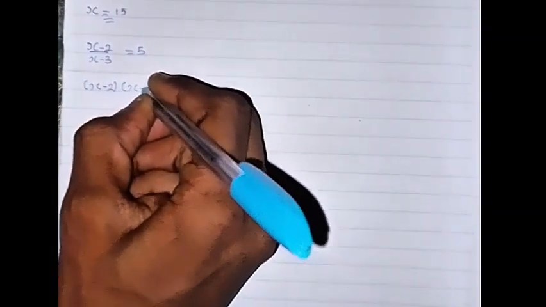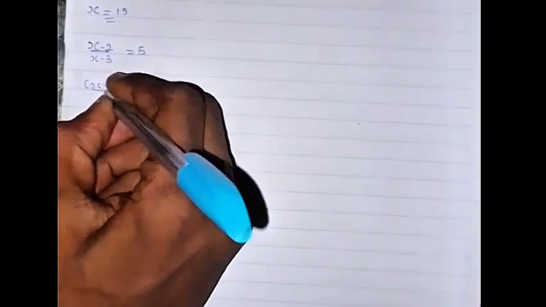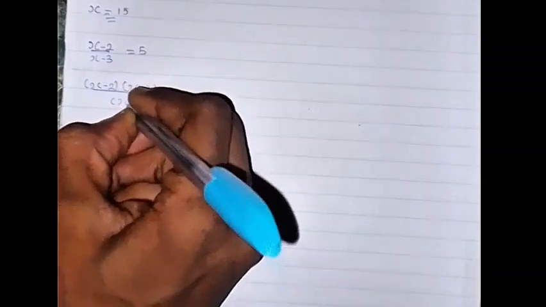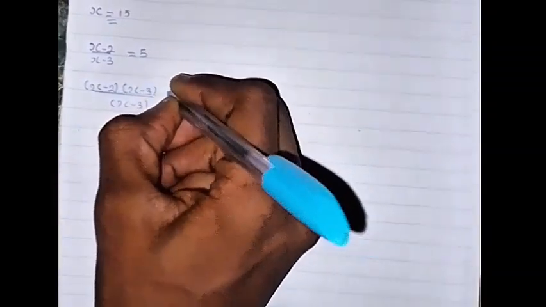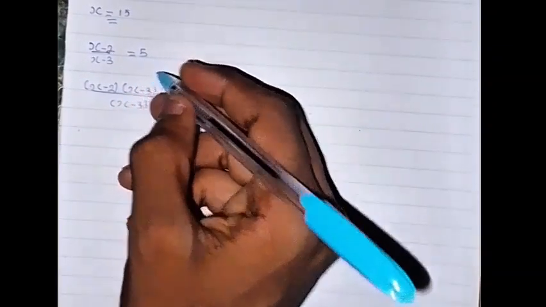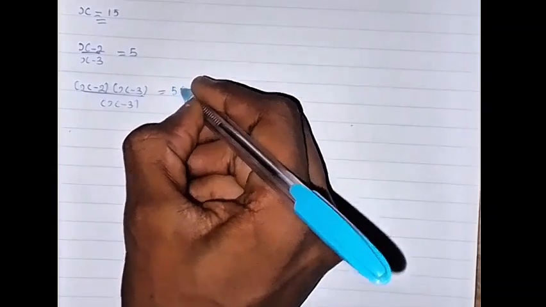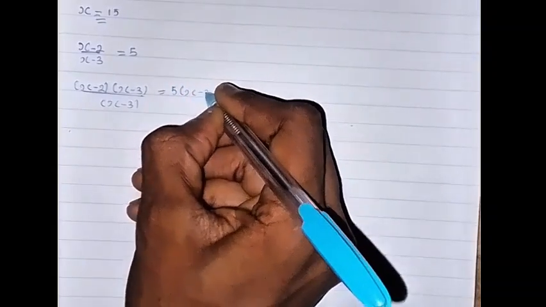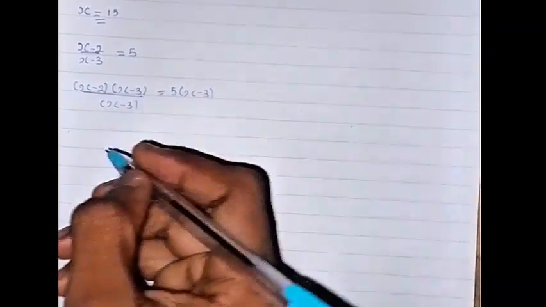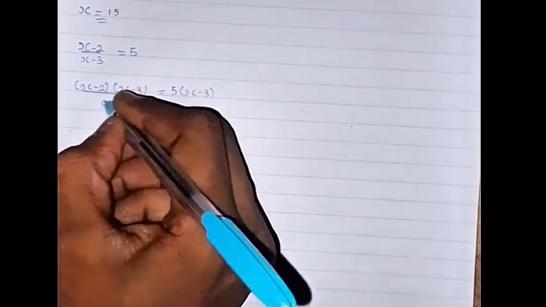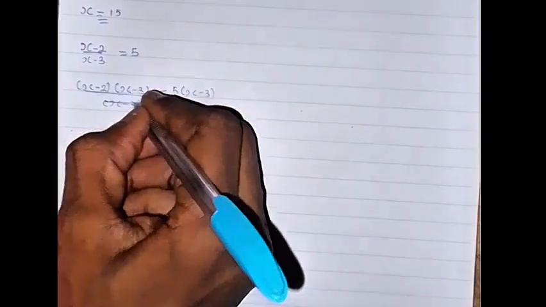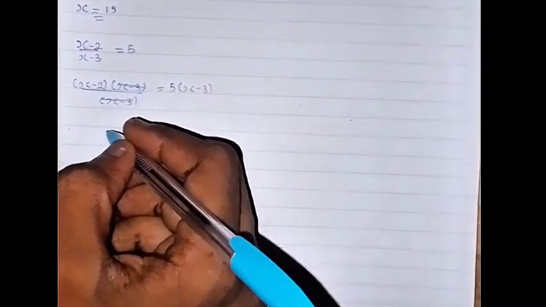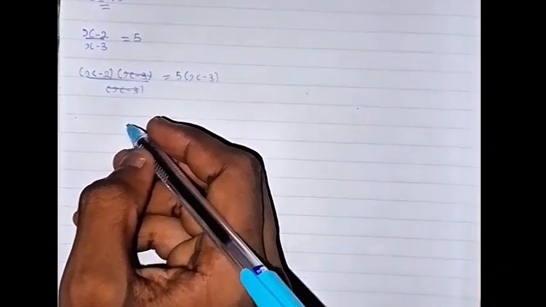multiplied by x minus 3 divided by x minus 3. That will be equal to, I also multiply the right hand side by x minus 3. So the effect will cancel out and we do not change the algebraic equation overall. So in this case now, x minus 3 can cancel out. This was the aim in order to make the equation linear and no longer have fractions.